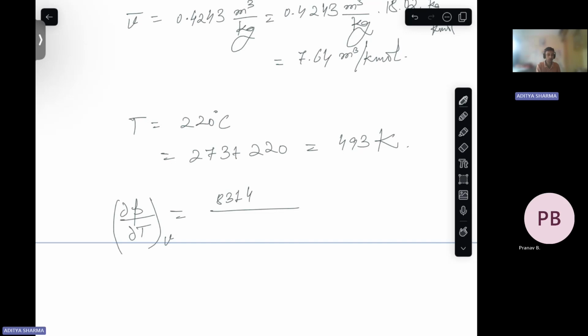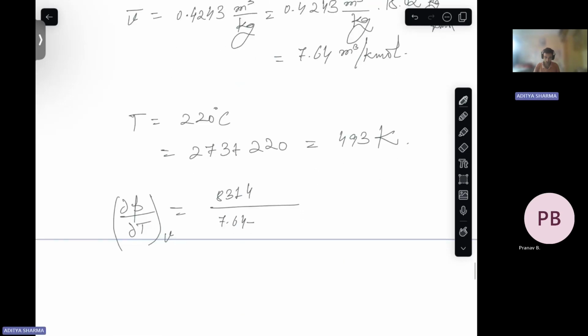Okay, so this is 7.64 minus this B, which is given to us, then plus 142.59 divided by 2 into 7.64, this into V plus B. That is 7.64 plus 0.0211, right?